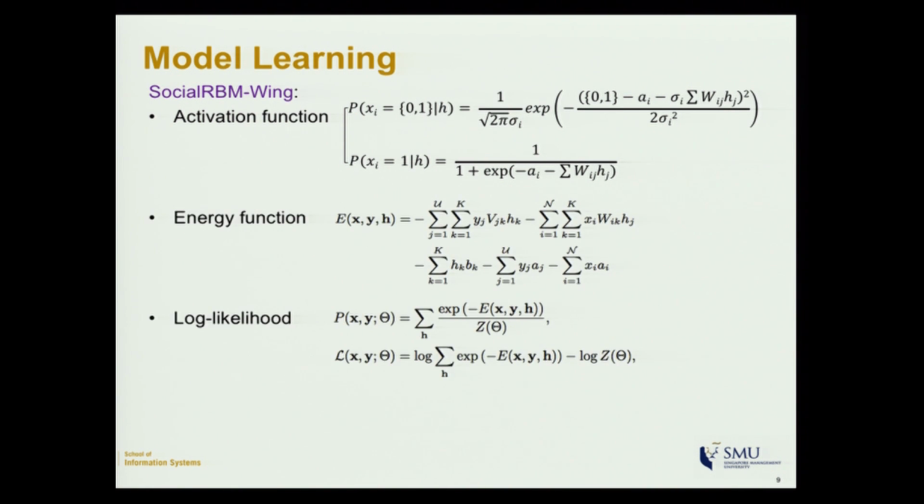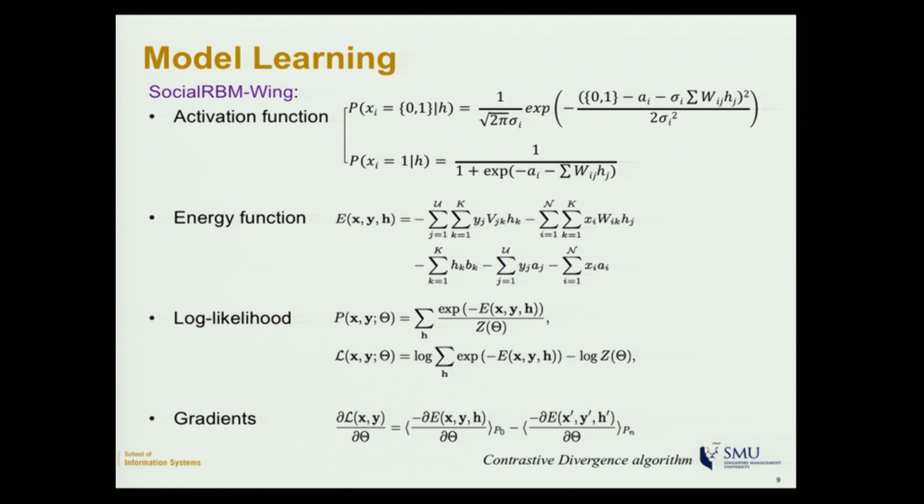These are undirected models, so the energy function captures all the connections in the models. For the wing model, the first two terms capture the connections from the hidden layer to the two sides of the observations, and we include the bias terms. We maximize the likelihood, and we follow the contrastive divergence algorithm.